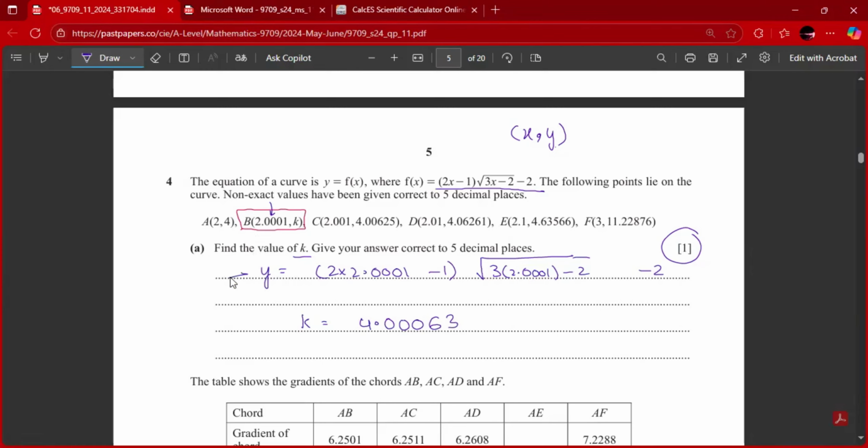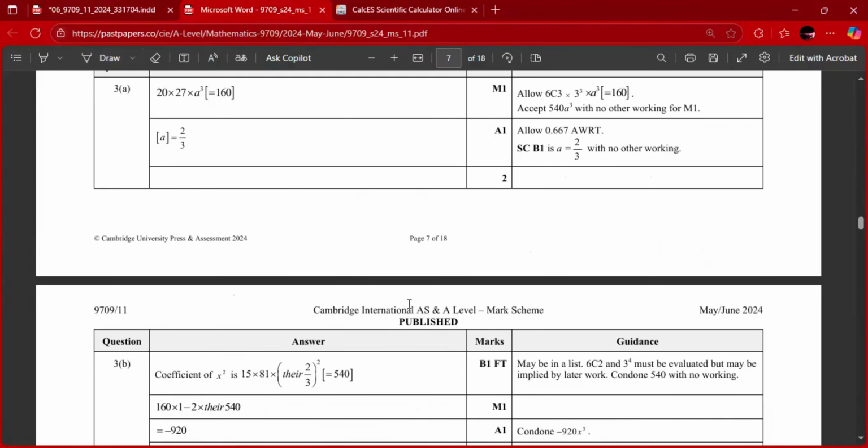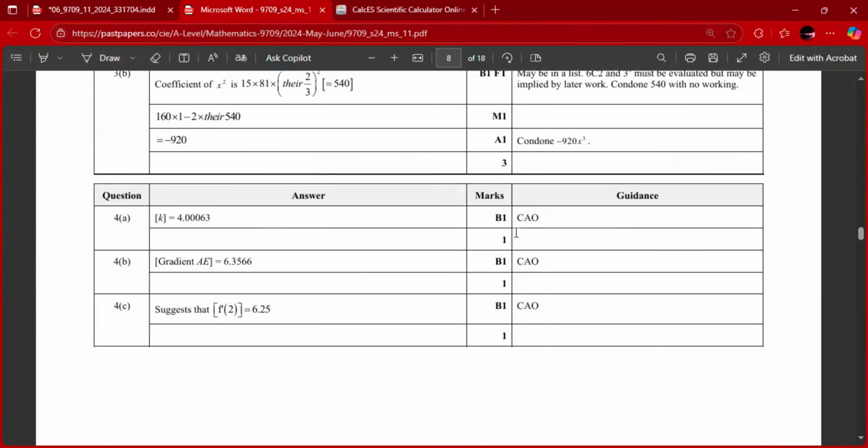I'm just writing this because I feel like it. You can just write k is equal to this because it's a 1 mark question. They just need the answer. Yes, we can just write k is equal to this.